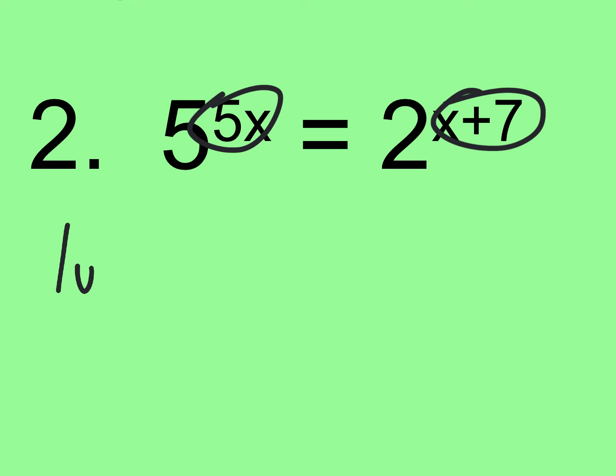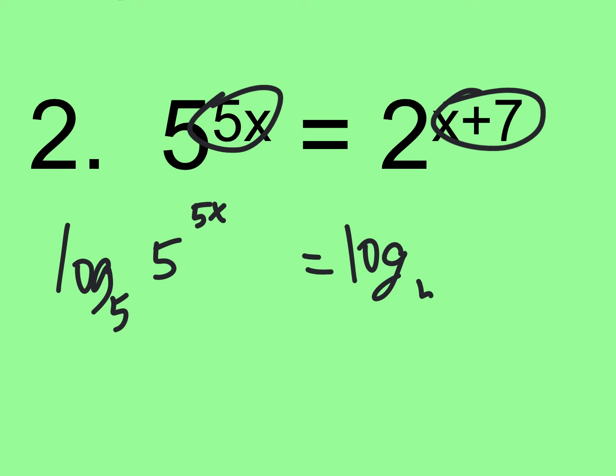So everybody write that. Log base 5 of 5 to the 5x equals log base 5 of 2 to the x plus 7 power. Now, why do we do this?